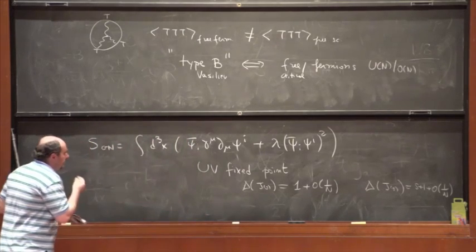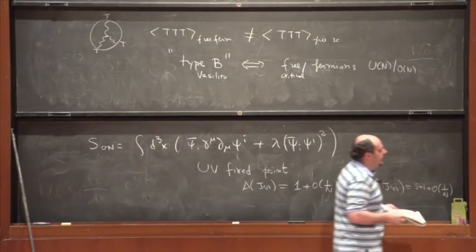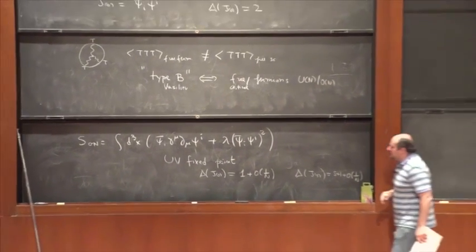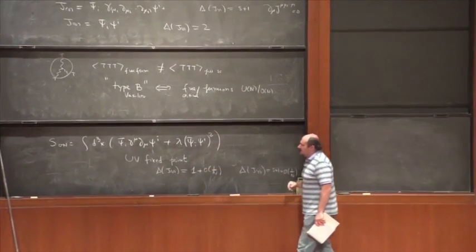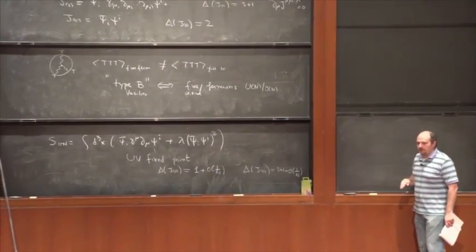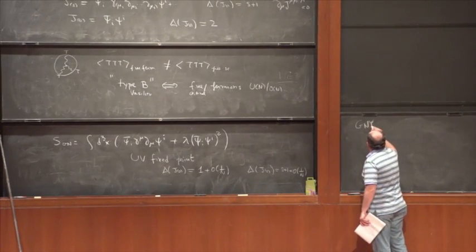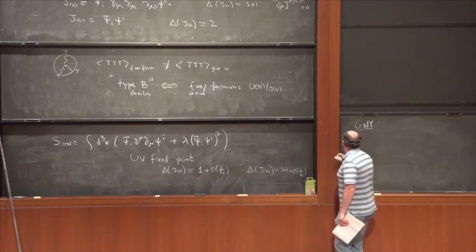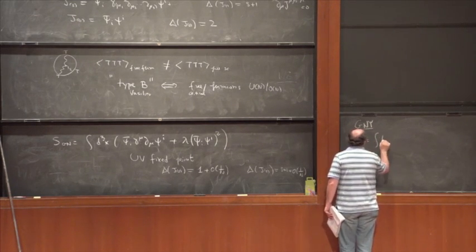Okay? Let me just mention here that, as Igor mentioned in his talk, there is perhaps also a nicer description of this fixed point, as a conventional IR fixed point of a different theory, which is a Gross-Neveu-Yukawa theory. This is just a parenthetical remark. So we can describe this fixed point starting from this model.